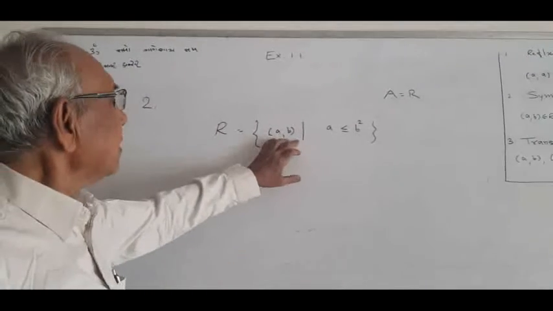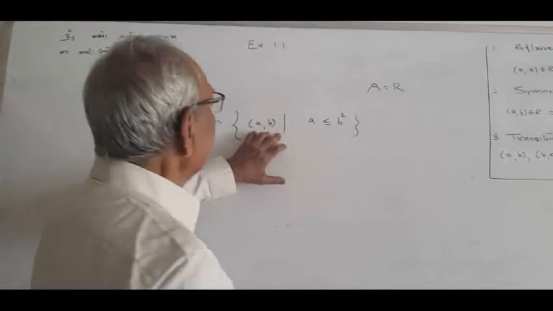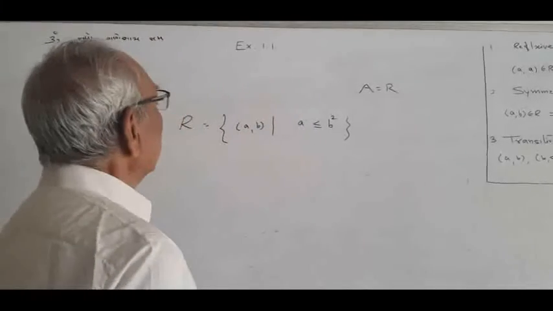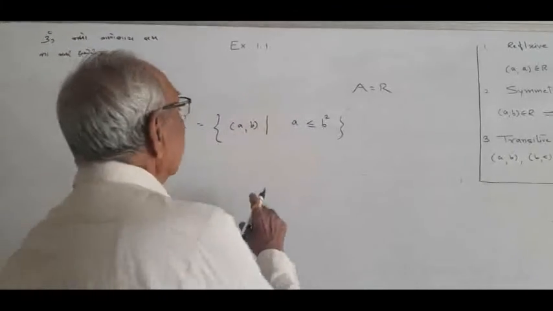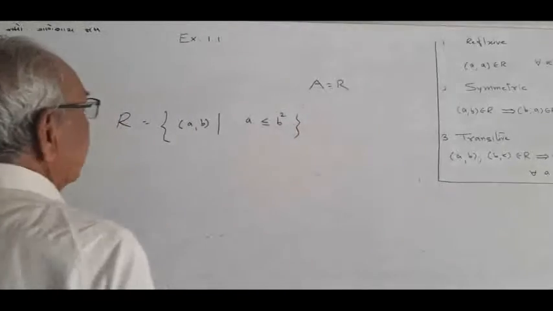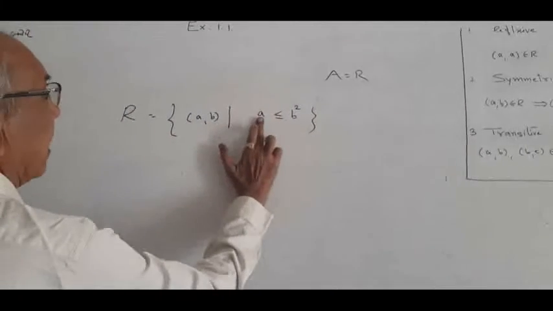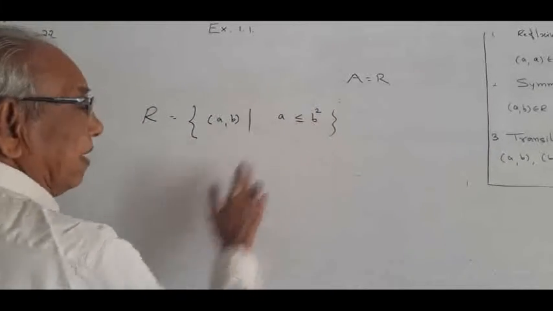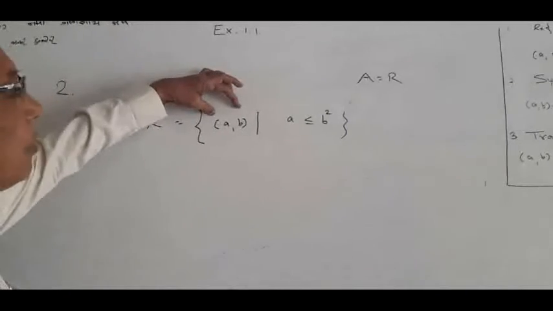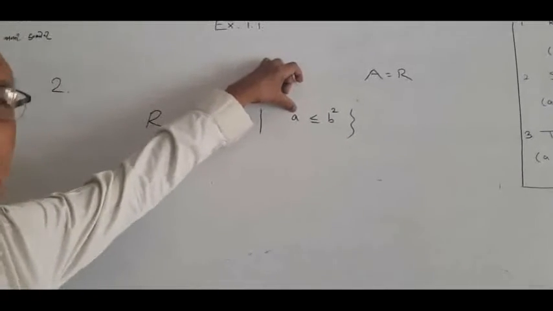Now, when this relation is reflexive, when (a, b) belongs to R, a is less than or equal to b square, right? Means (a, a) belongs to R when a is less than or equal to a square.